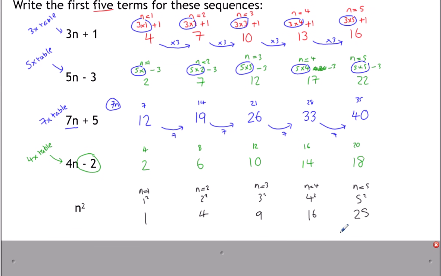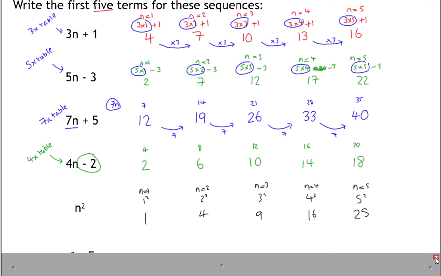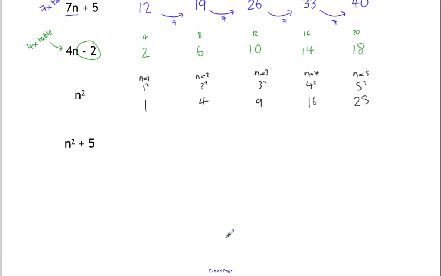Okay, and then I've got one more of those square numbers. Let's move it down a little bit. So this time it's n squared plus 5. So 1, 2, 3, 4, 5. So this time I've got to square it.